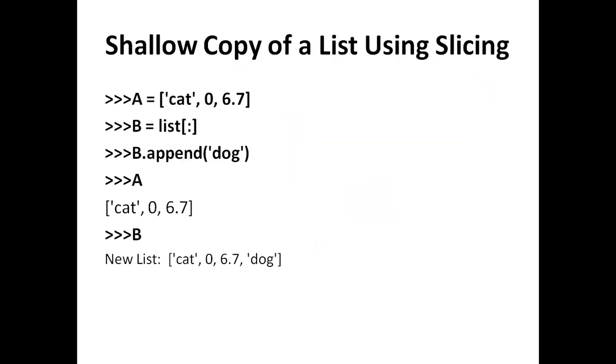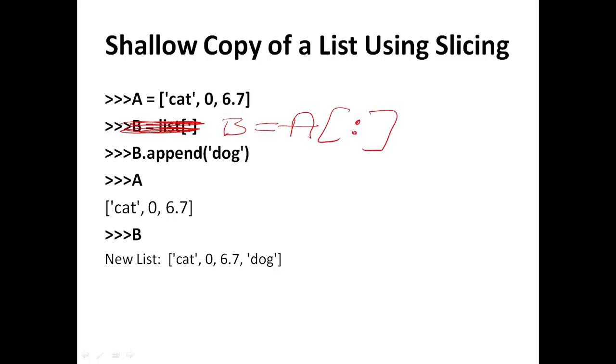For shallow copy, we can use two ways. First one is using the slicing operator, and second one is using the copy method. In this case, we have to write b equals the old list with the slicing operator colon.